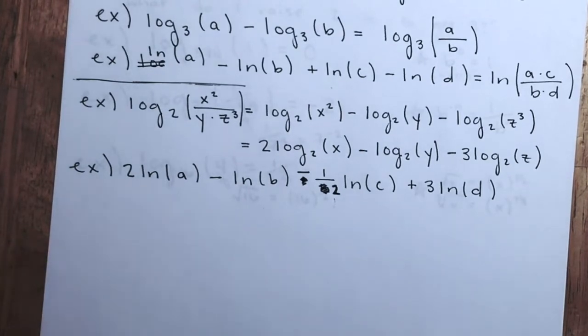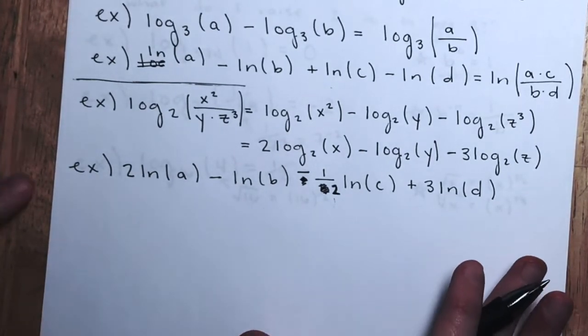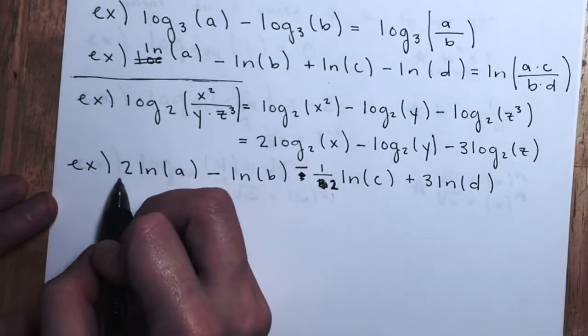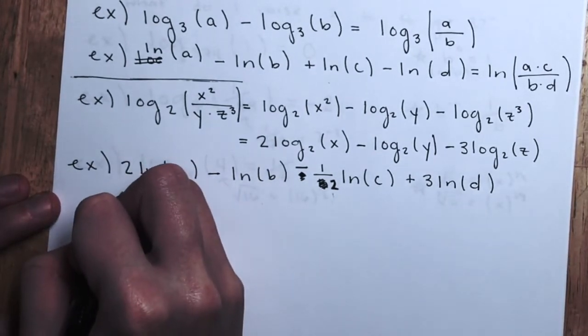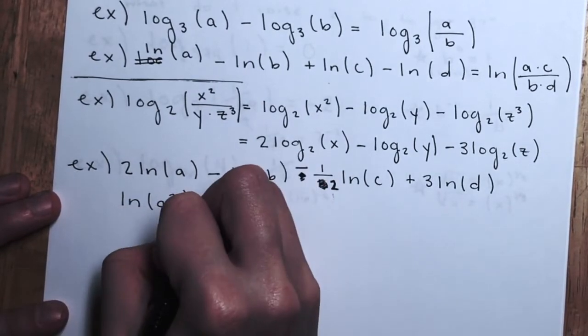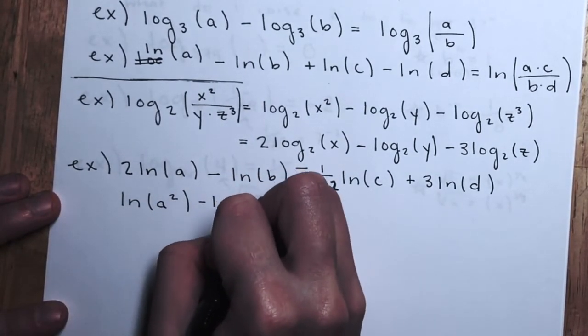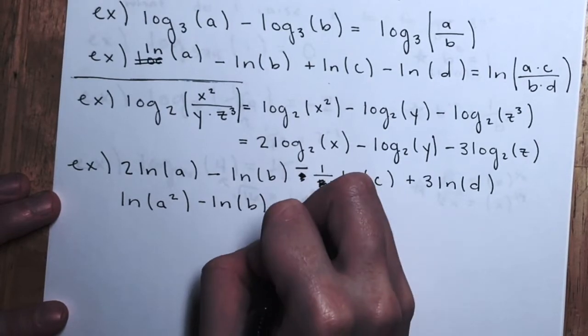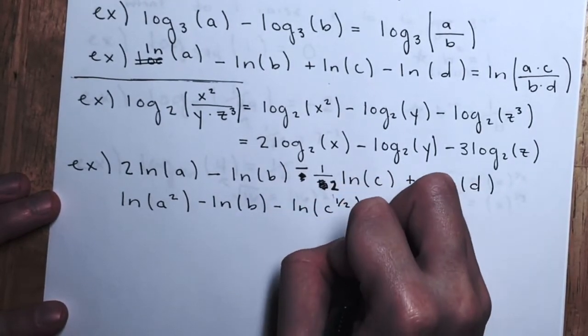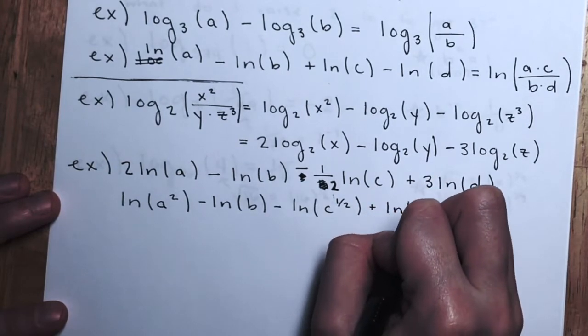We need them to have a coefficient of 1 or -1 before we can use product or quotient rule. So we have to bring all these guys inside. So ln of a squared minus ln of b minus ln of c to the 1/2 plus ln of d.